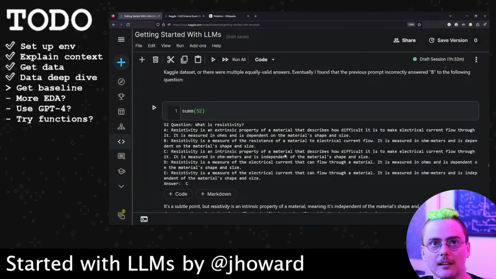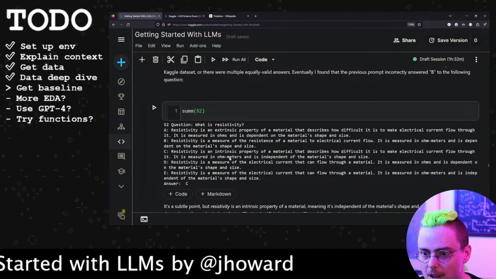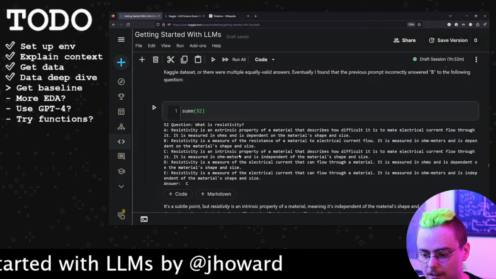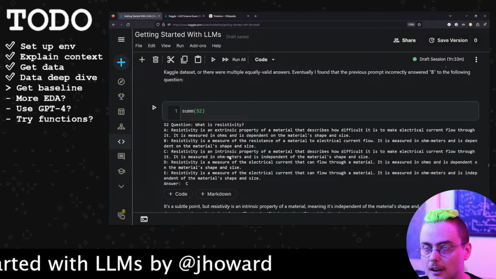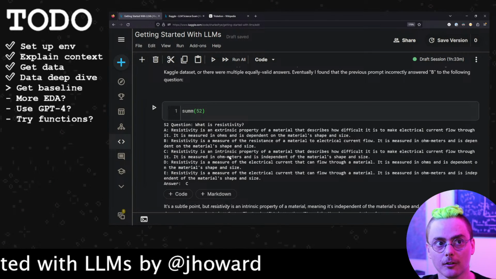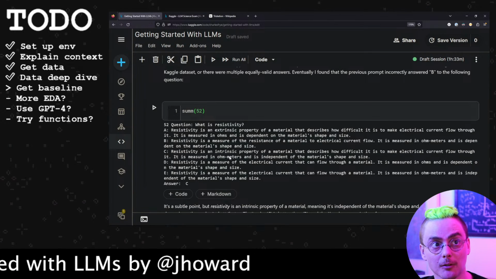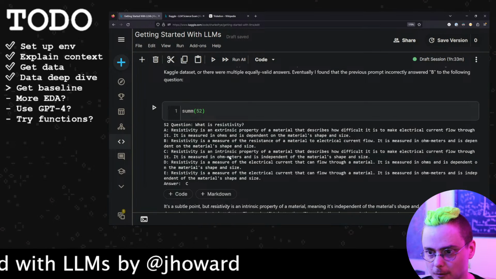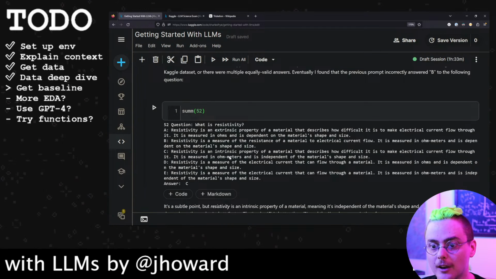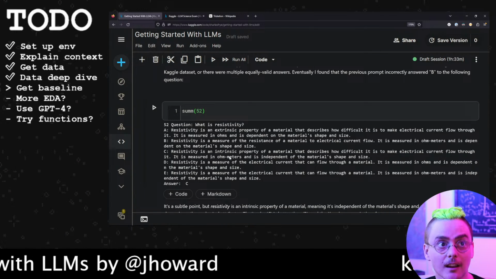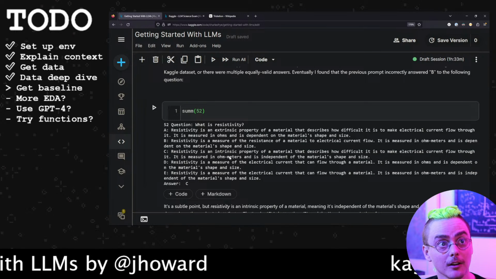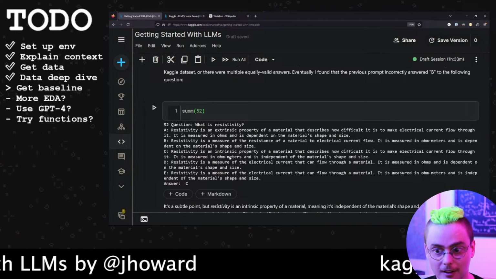It's intrinsic because it doesn't depend on how much of the material you use, whereas the resistance will differ. If you've ever played around with electronics, you get resistors with different resistances, and that might be the same material with the same resistivity but different lengths.